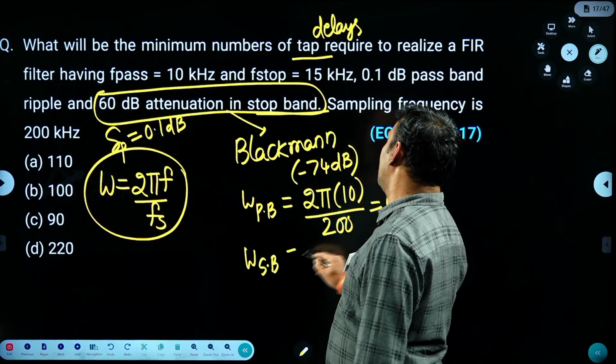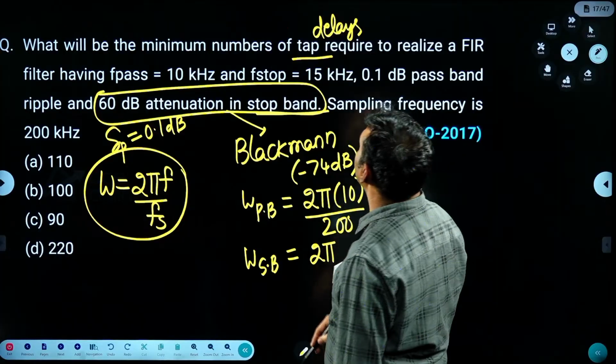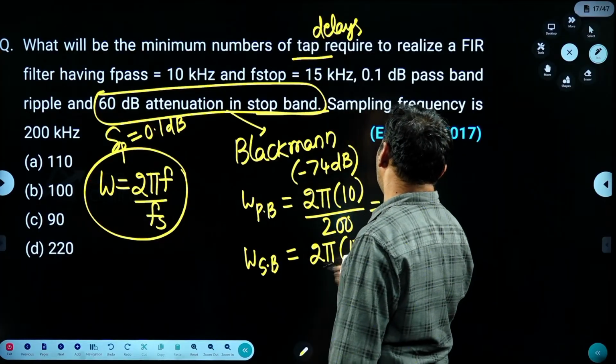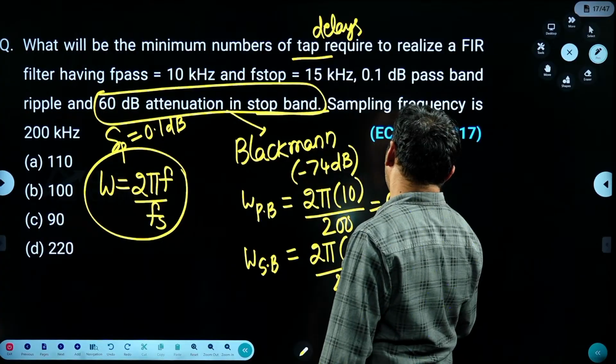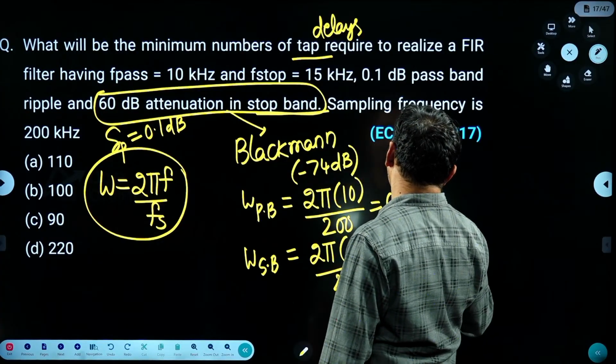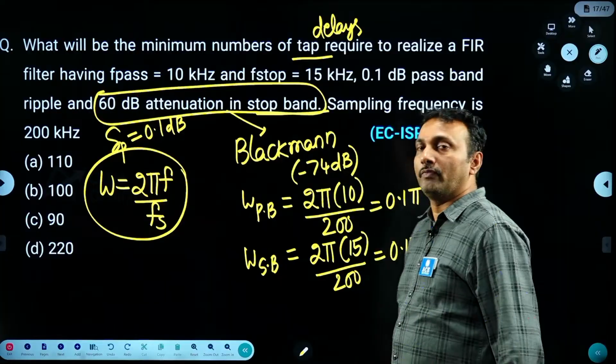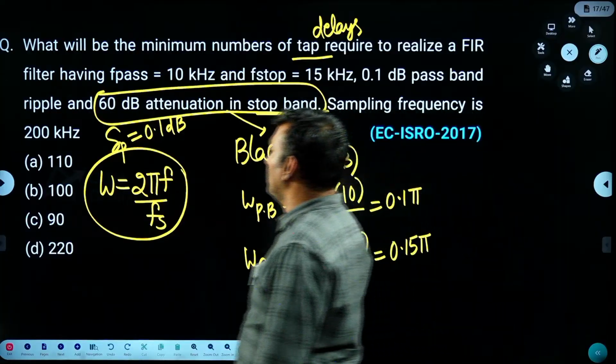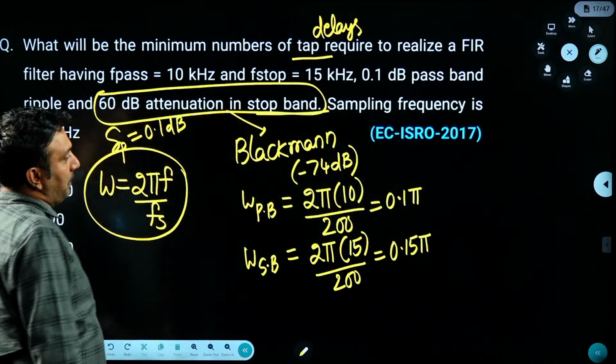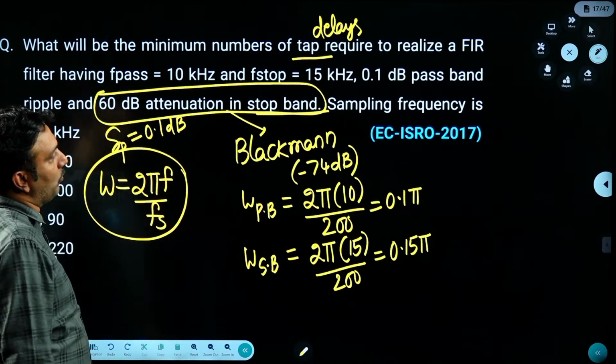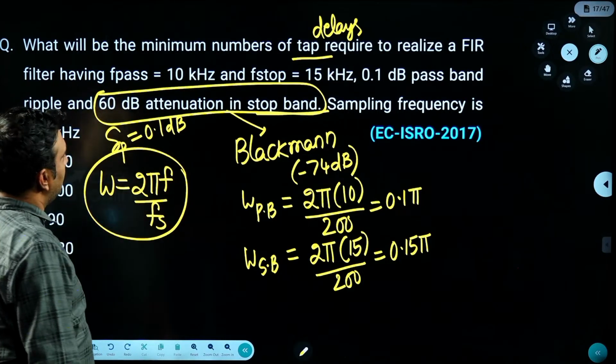Omega sb is nothing but 2 pi into 15 by 200, that is 0.15 pi. So first we got the respective digital frequencies omega pb, omega sb.